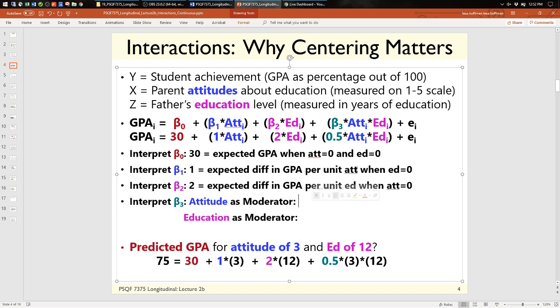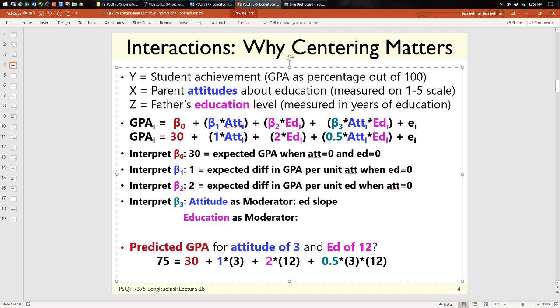So if my study was all about the effects of education on student outcomes, or parent education and parent expectations, and I wanted to see how the effect of education varied as a function of a parent's attitude, then attitude is the moderator. We start with education; the education slope is the unit of discussion here.